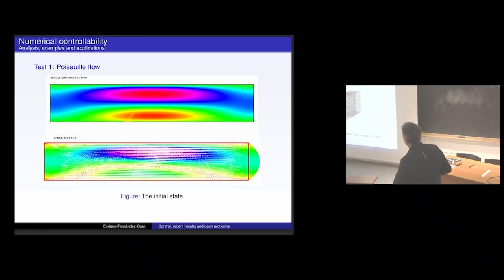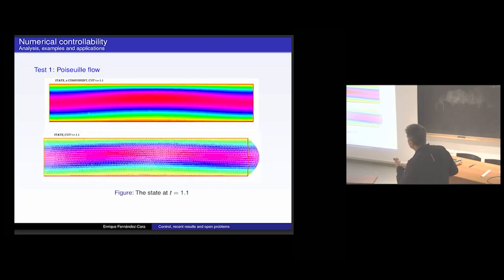We start from this velocity field. It is clearly different from the Poiseuille flow, and we want to reach exactly Poiseuille. Well, it is possible with the method that I am going to explain in a few moments to solve this control problem. This is the initial state.